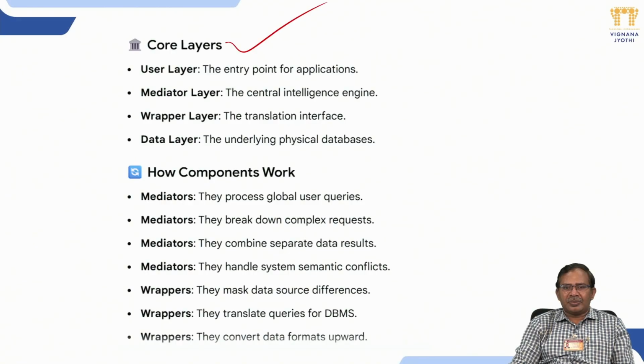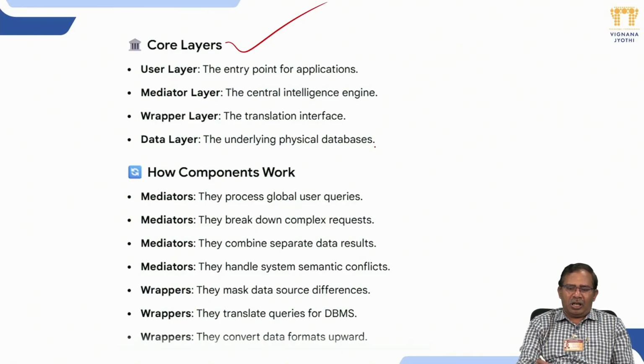The wrapper layer is a translation interface. It connects with the different components and makes a smooth environment to run the query successfully. Then the data layer is the physical database layer.